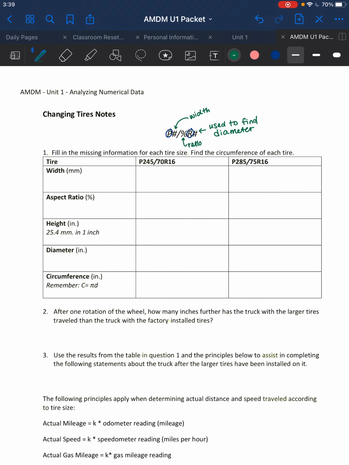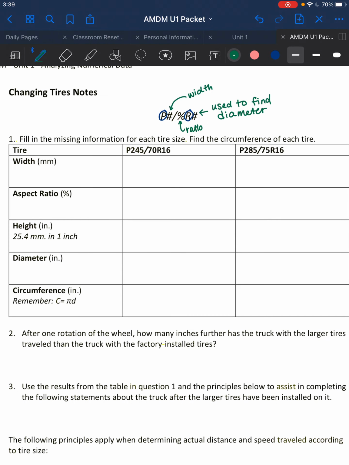Okay, so this is all going to be useful in our table. What we're doing is comparing your standard tires to a larger version. If I'm looking at this first column, the width of my tire is 245 millimeters. My aspect ratio is 70%.